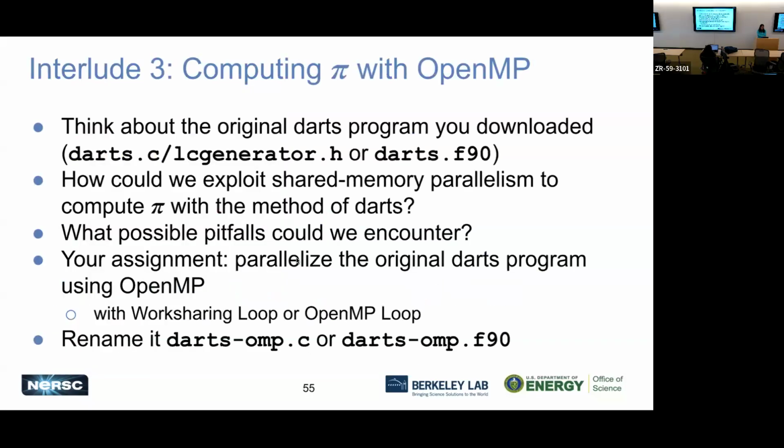We mentioned you have C code and Fortran code. Don't take anything from MPI, just take it as sequential code as your starting point, and use shared memory parallelism to compute pi. Notice there's a loop where you have to update the count of the darts sitting within the circle. And think about, should I use a loop?